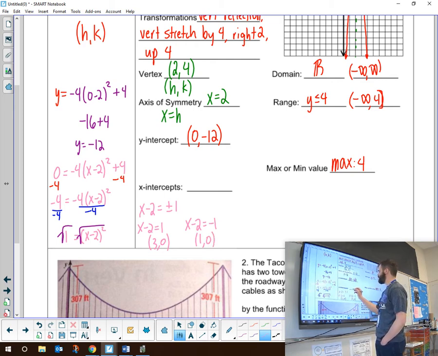So those are my x-intercepts. We could have 3, 0, or we could have 1, 0. All right, so that's all you have to do to get those x-intercepts and y-intercepts. But remember, just plug it into your calculator, right? Look at the table. You can find where y is 0, that's your x-intercepts. Wherever x is 0, that's your y-intercept.